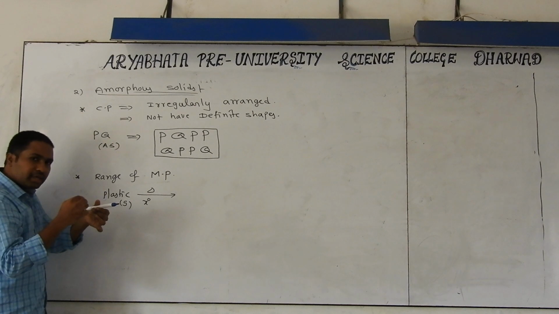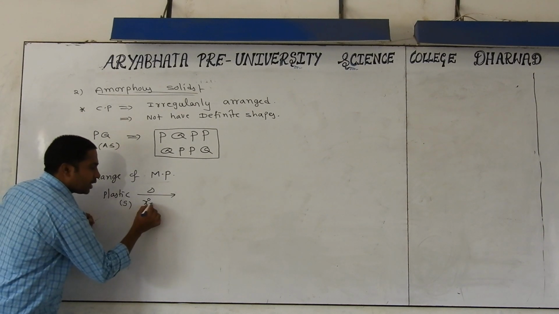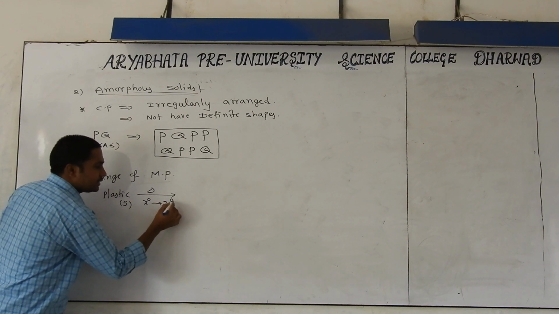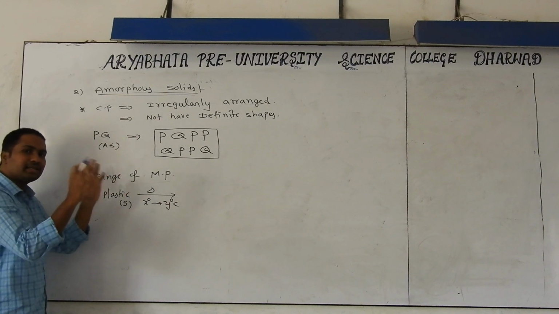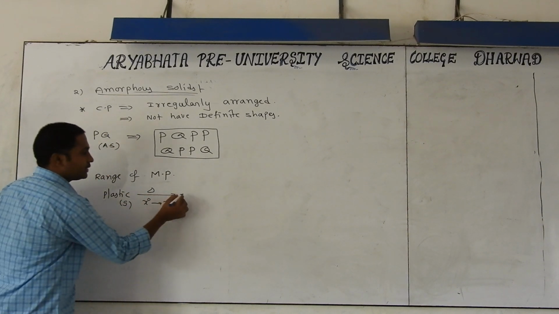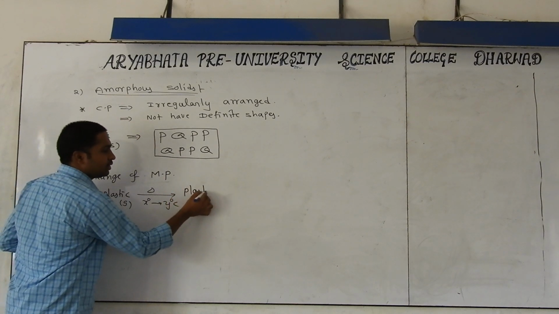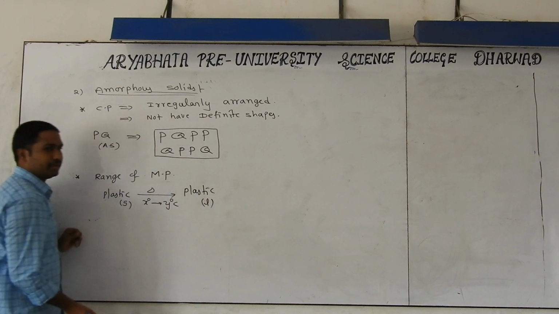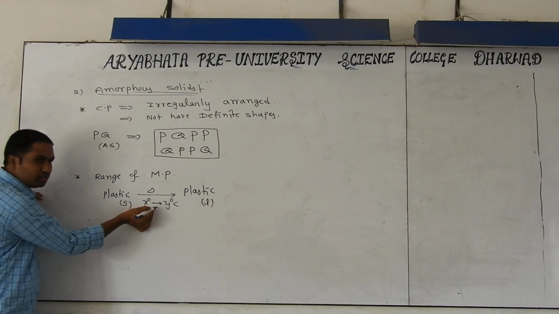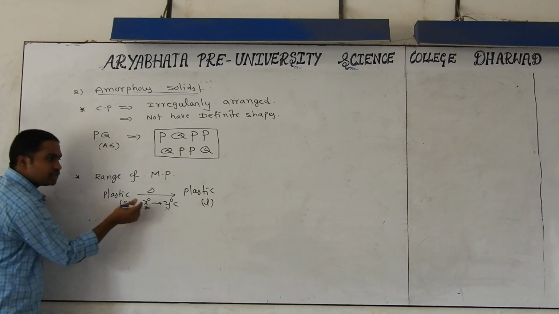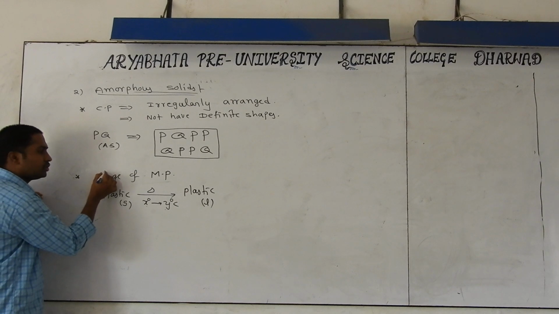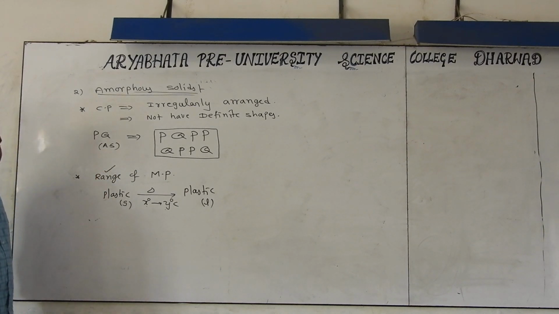Still you keep on heating. After reaching Y degree Celsius, the total plastic will be converted into the liquid phase. That is what we are calling the melting point. Is it an exact value? No. Between two different temperatures the total melting process is going on. That is why it is called a range of melting point.